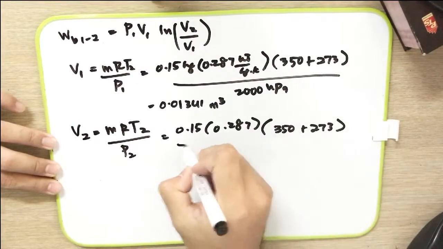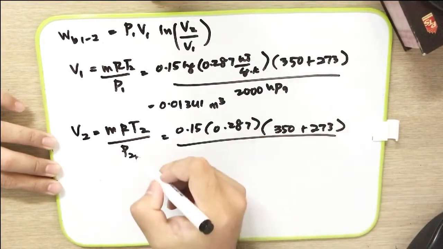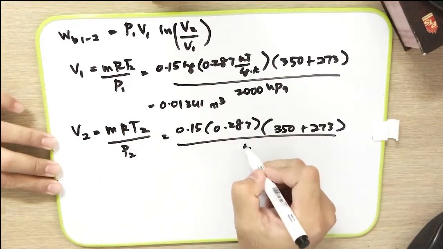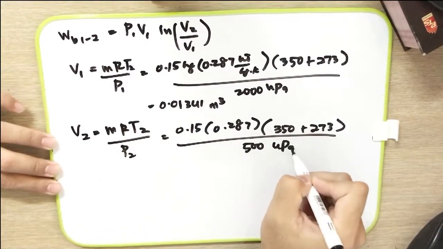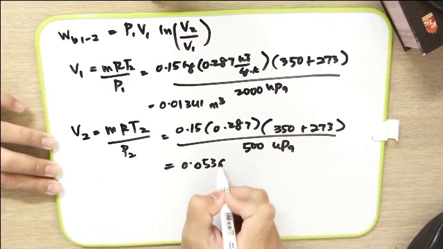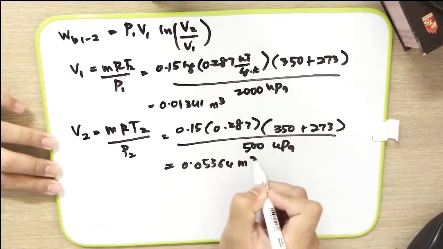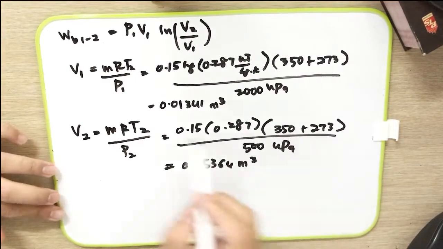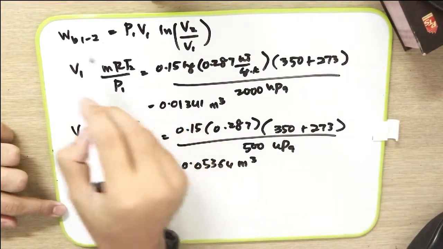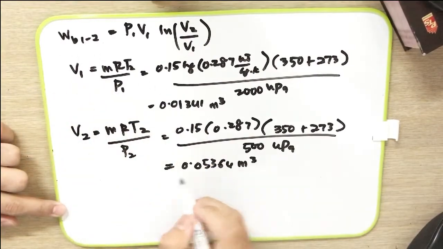Over, but this time P, we should take from state 2, which is 500 kilopascal. So we will get 0.05364 meter cubed. After we get V1 and also V2, we can proceed with this calculation in order to find the boundary work from 1 to 2.